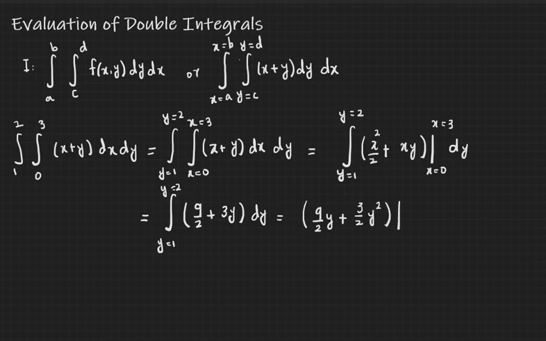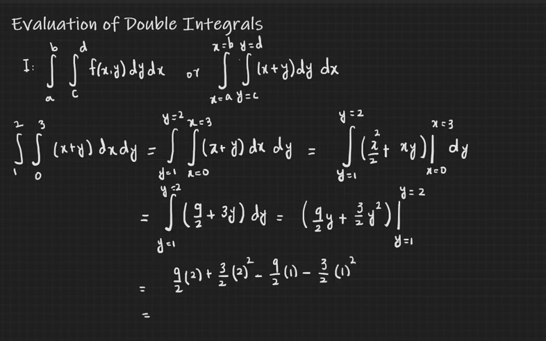Taking the limits of integration with respect to y, which is y equals 1 to y equals 2. Applying these limits of integration, that would be equal to 9 over 2 times y, which is 2, plus 3 over 2 times y square, means 2 square, minus 9 over 2 times 1 minus 3 over 2 times 1 square.